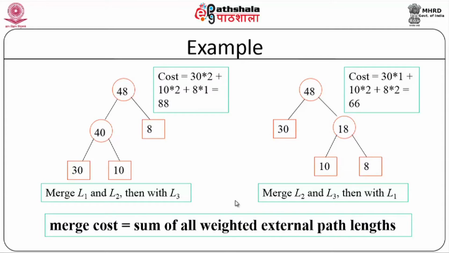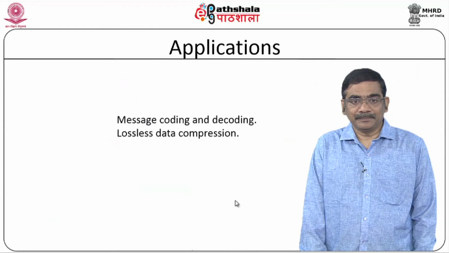In this, we are trying to combine L2 and L3 first, then we combine with L1. We can apply the formula and compute the cost, and that is going to be 66. So, now we can come to a conclusion that 66 is minimum, therefore, the right tree is an optimal tree compared to the left hand part. This is the conclusion of this particular slide.